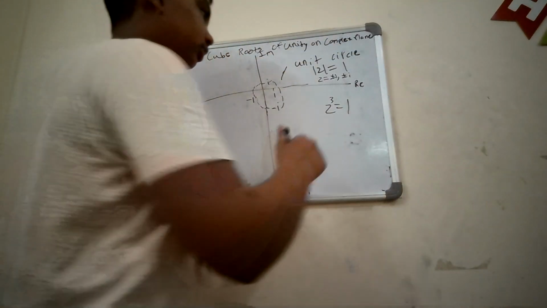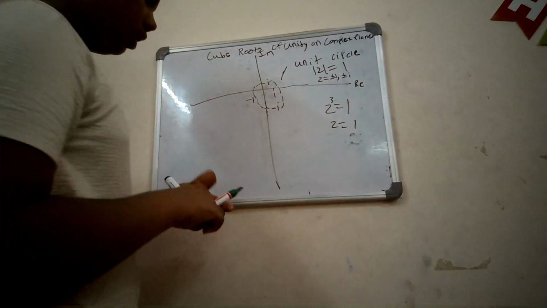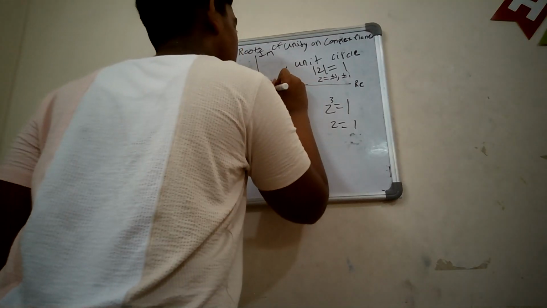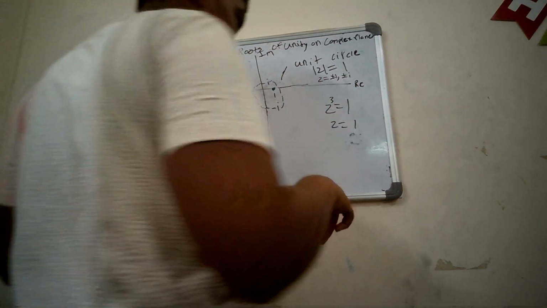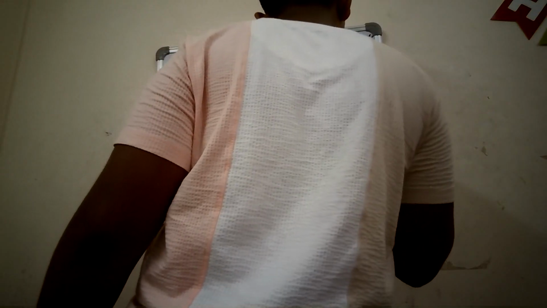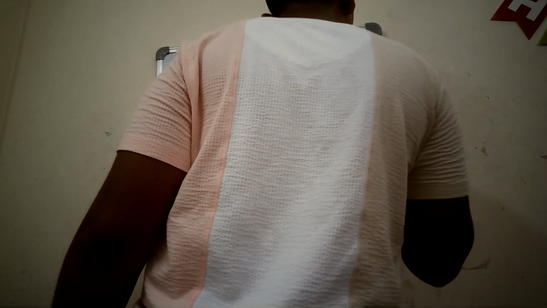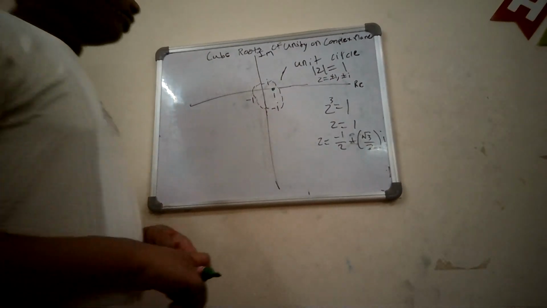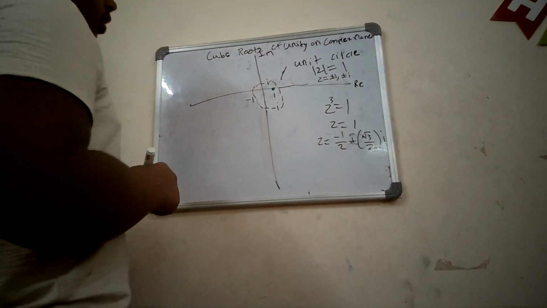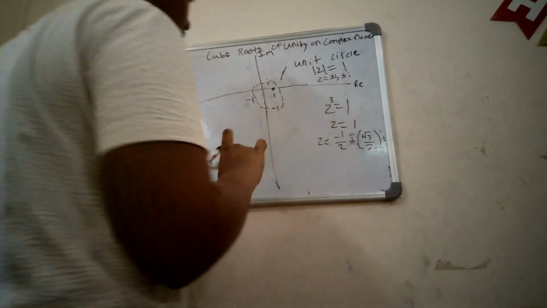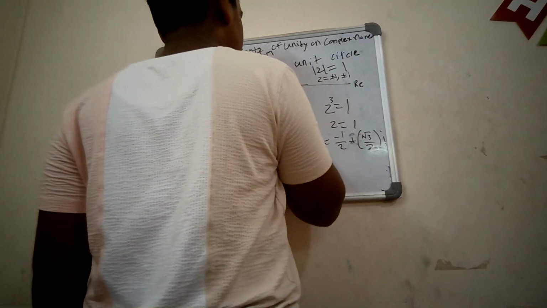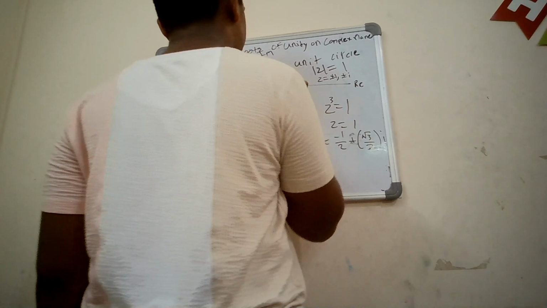So the cube roots of unity, we have 1. This is 1. Then we have negative 1 upon 2 plus the square root of 3 upon 2 i. Now where will this be? Look, it will be between this. This is 0. This is 1. So negative 1 by 2, right?